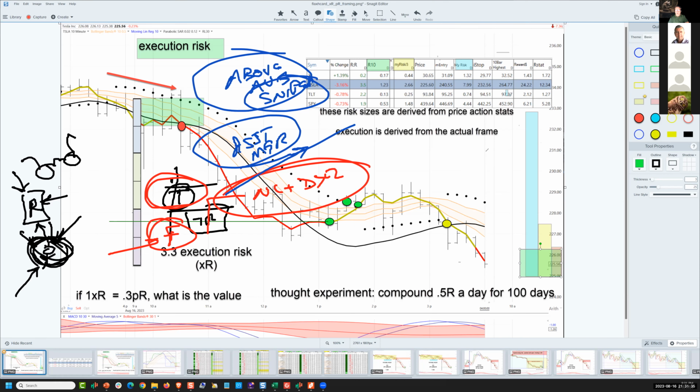So look at all the different guys that we have involved in here. We have an architect who is building this trade frame. We have the analyst who has provided all of the stats and all that stuff.